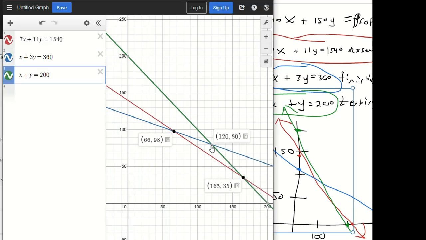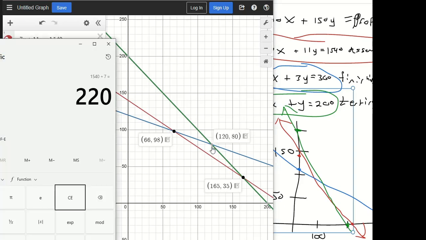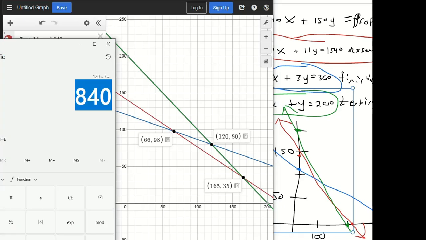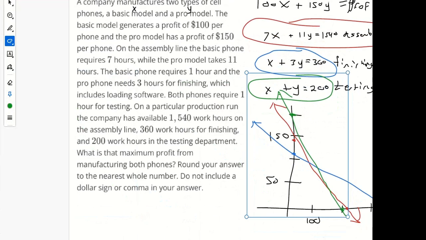So if you even consider this vertex, because what we do with these linear optimization problems is we look at where they cross. One of those has got to be the optimal solution, but I think we can even just exclude this one. If you plug in 120 for x, you get 840 hours for the basic phone, then 80 for y. That's above the availability for assembly hours.